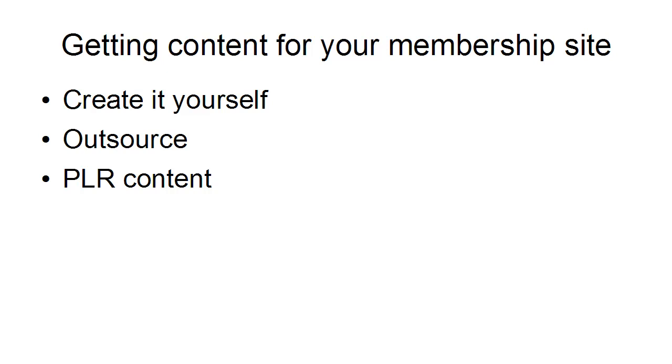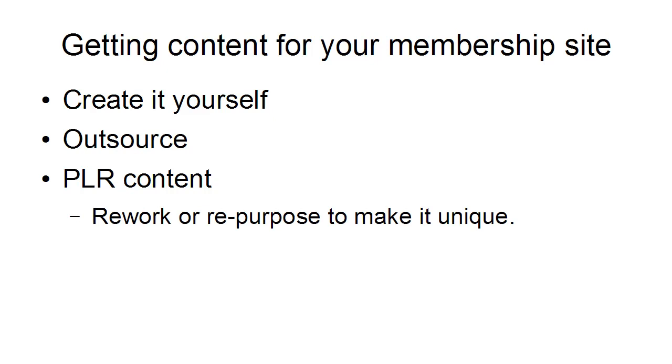However, a word of caution here, if you are going to use PLR content, you should rework it or repurpose it to make it unique. You don't want to have something that somebody can find for free elsewhere on the internet. You obviously want to make sure that they can only get access to this content on your membership site in return for becoming a member.